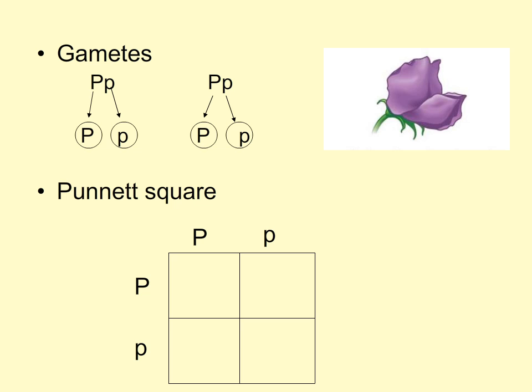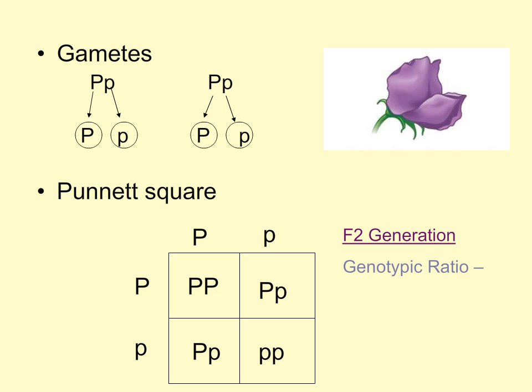Okay, now fill it in. 2 dominant alleles, a dominant and recessive allele, a dominant and recessive allele, and 2 recessive alleles. So we have 1 homozygous dominant, 2 heterozygous, and 1 homozygous recessive offspring from our cross. So that would make our genotypic ratio for the first generation 1 to 2 to 1. 1 dominant homozygote to 2 heterozygotes to 1 recessive homozygote.